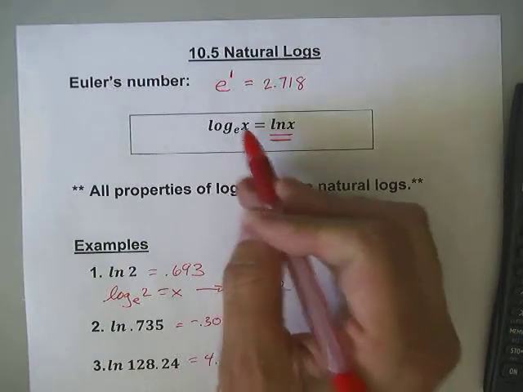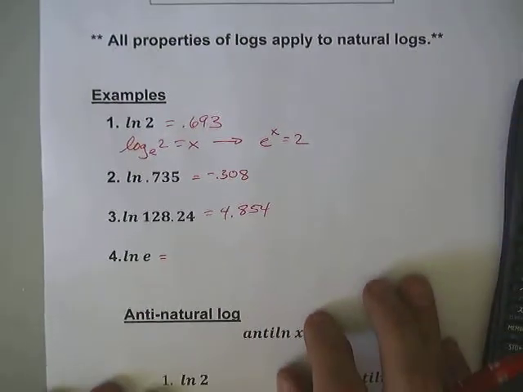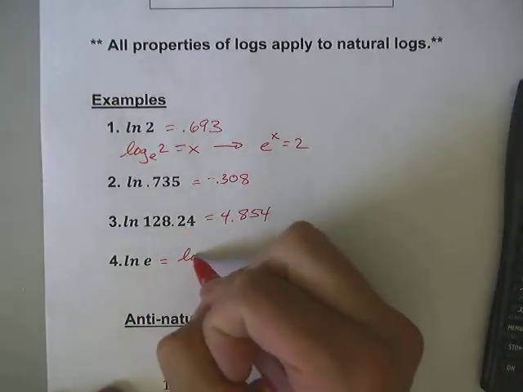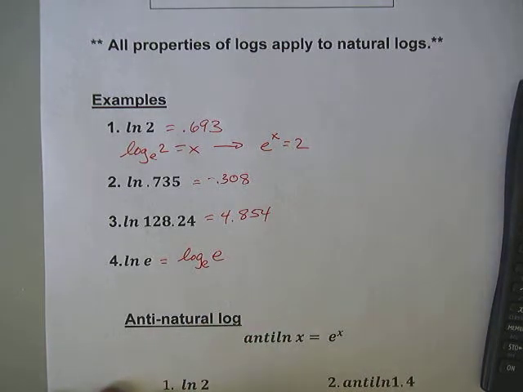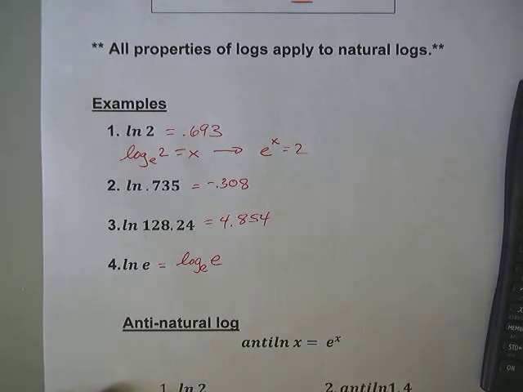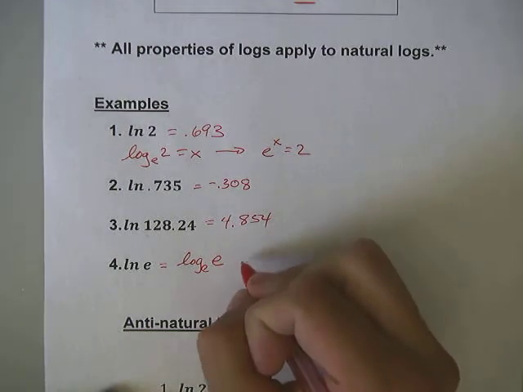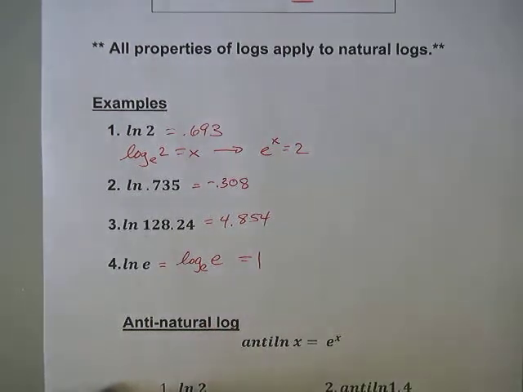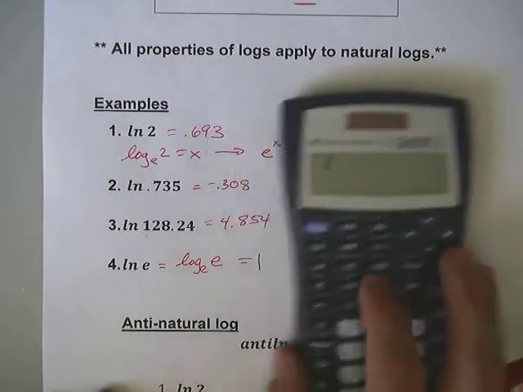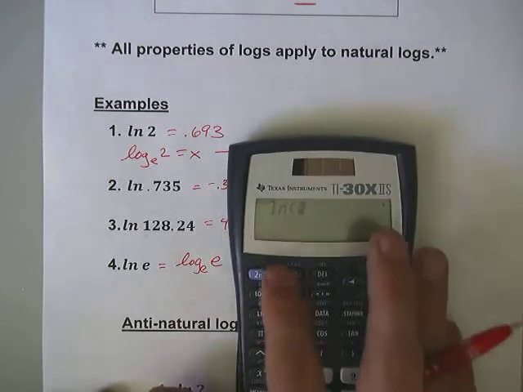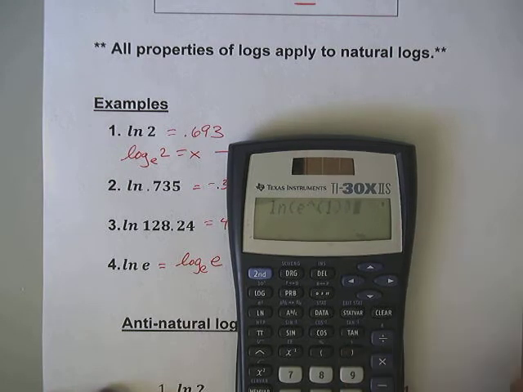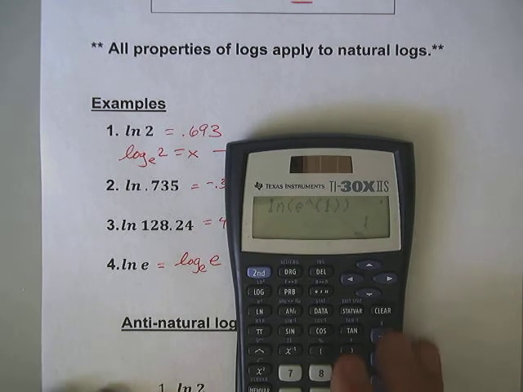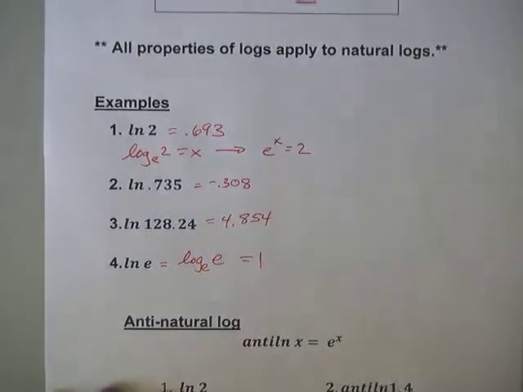Now, what is the natural log of e? What do you think there? Without even doing it on a calculator, what do you think? I'll give you a little hint. What if I rewrote this back up here using this? Instead of natural log of e, I'm going to write log base e of e. What do you think that is? We had our little property that told us that. Hopefully you're telling me that it equals 1.